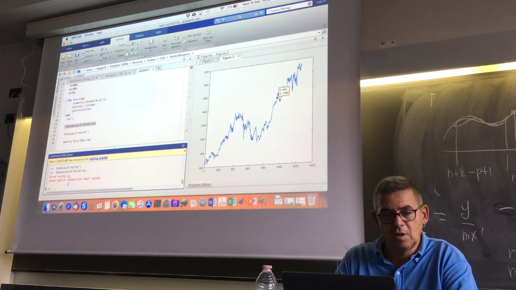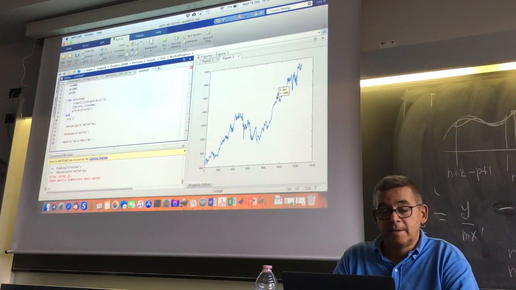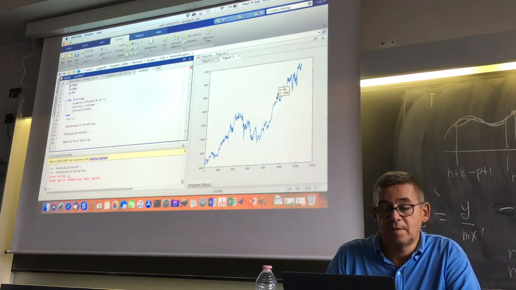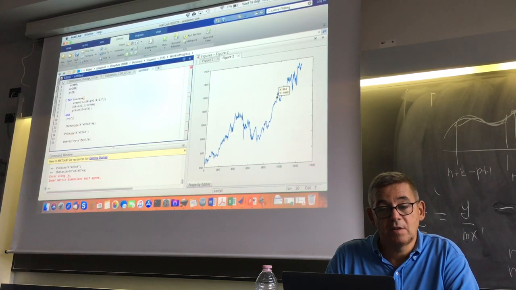Am I wrong? Maybe you could run the script, and then it will tell you exactly in which row the error is. Okay, but I don't think it changes much.